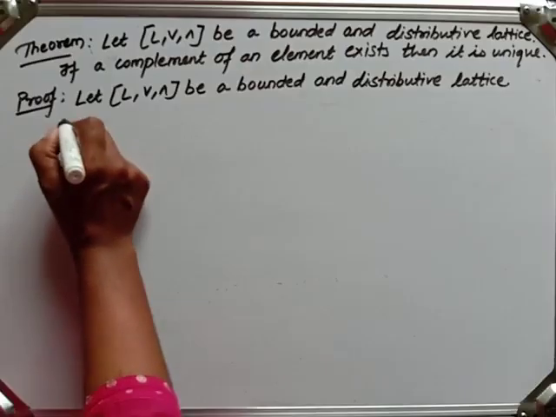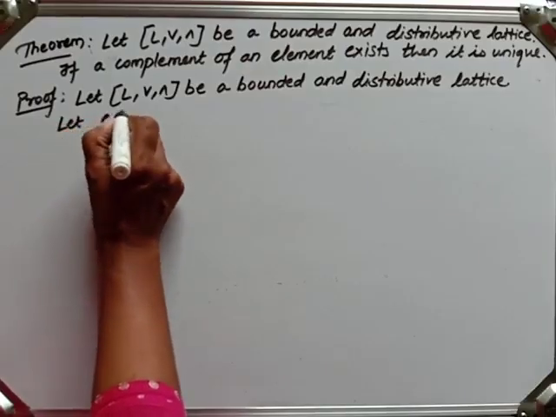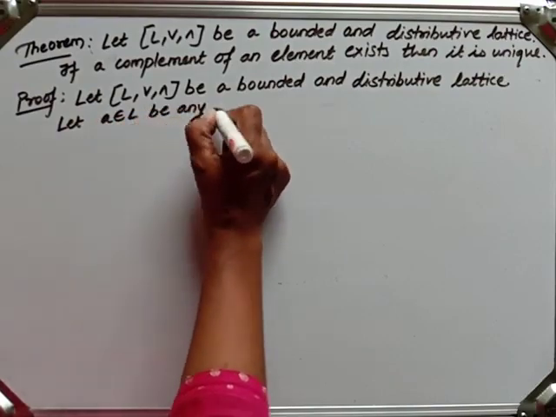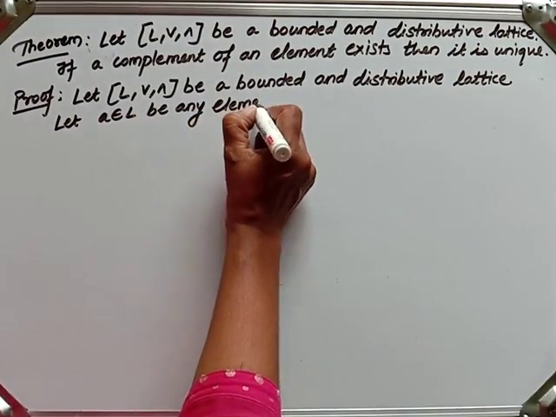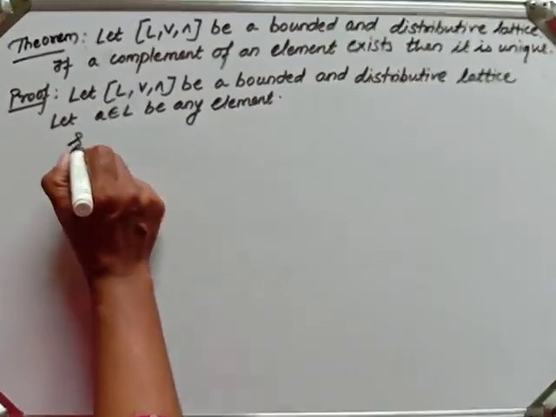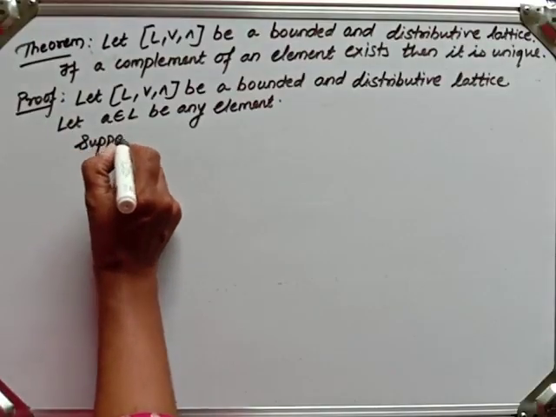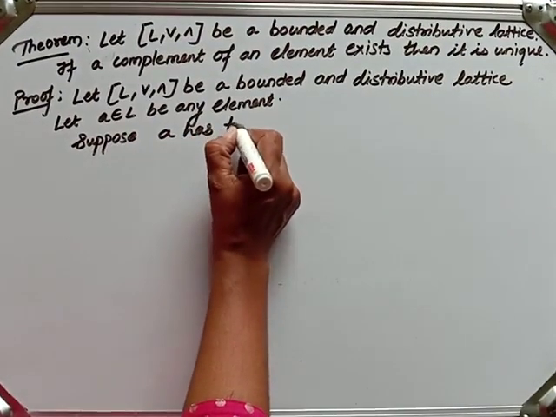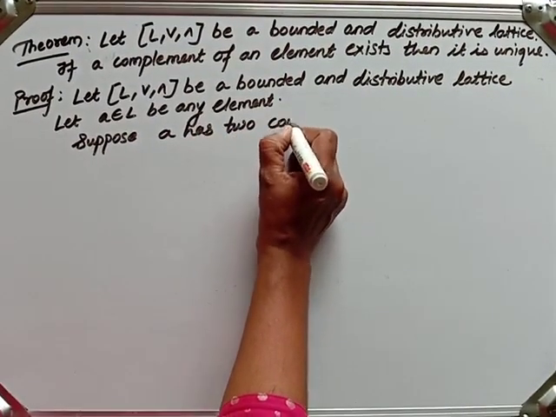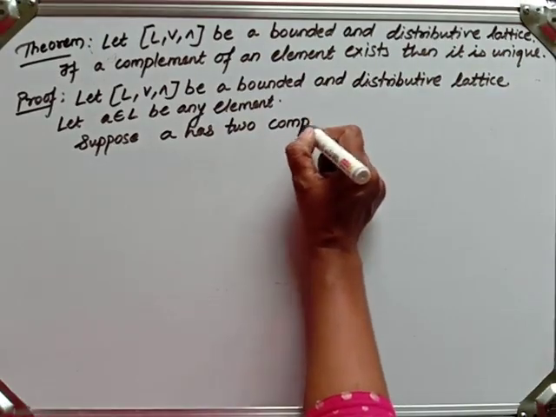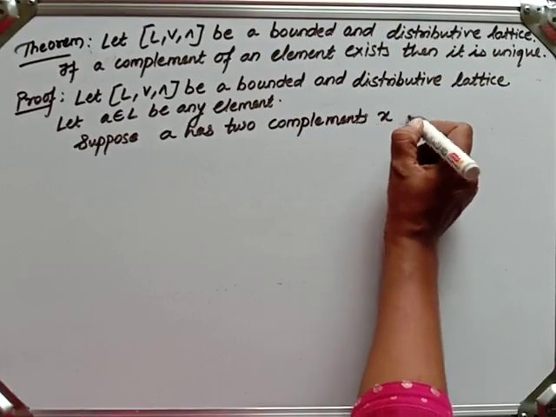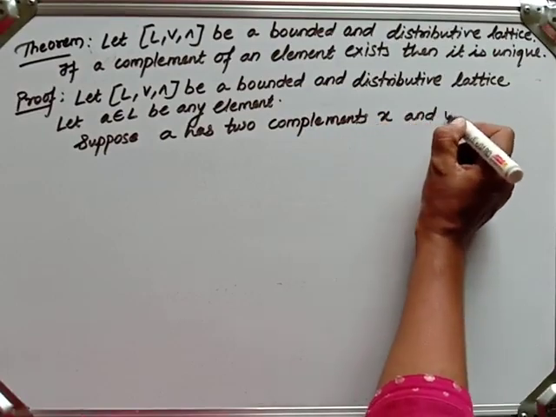Let a belong to L be any element. Suppose a has two complements. On the contrary, we have to show it is unique, so we will assume it has two complements, x and y.